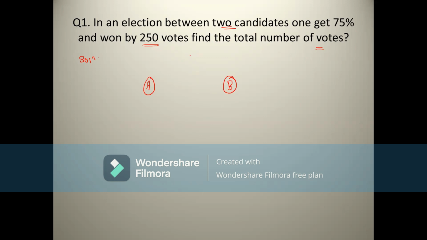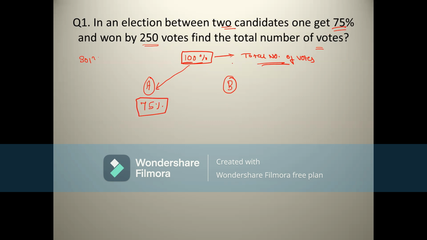Now the total number of votes will always be how many percent? 100%. So this 100% is the total number of votes. From this 100%, let's say A got 75% of votes.